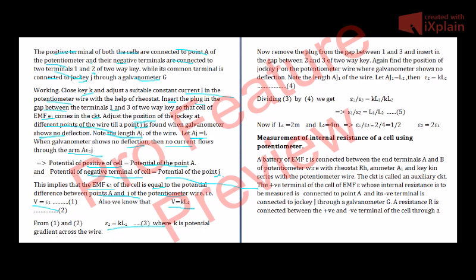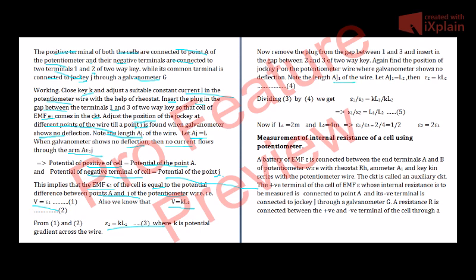Now remove the plug from the gap between 1 and 3. We disconnect 1 and 3 and insert the plug in the gap between 2 and 3, so that E1 does not send any current in the circuit and only E2 sends the current. Then we slide the jockey J over the wire and find a point J2 where the galvanometer shows no deflection.